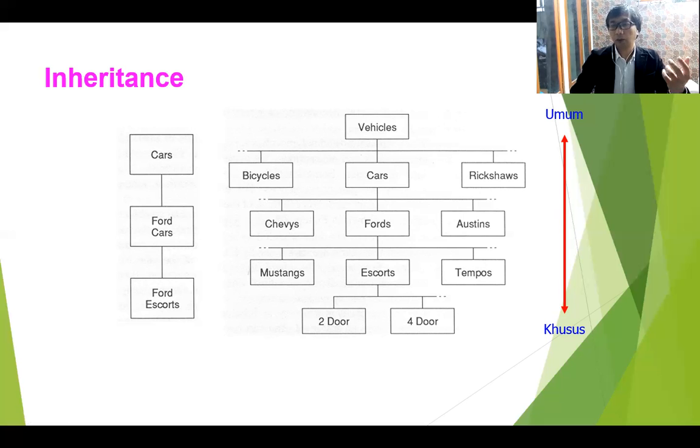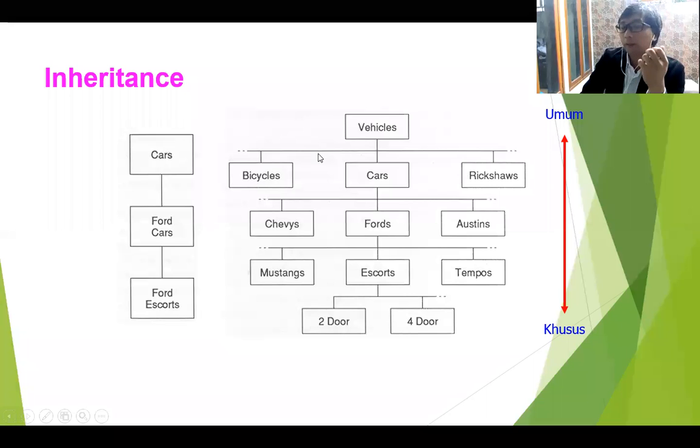Okay. So it's so general, then we need to inherit it, inheriting this vehicle class into more specific classes. Like in this example, the vehicle class is inherited into bicycle class, cars class, and rickshaws.